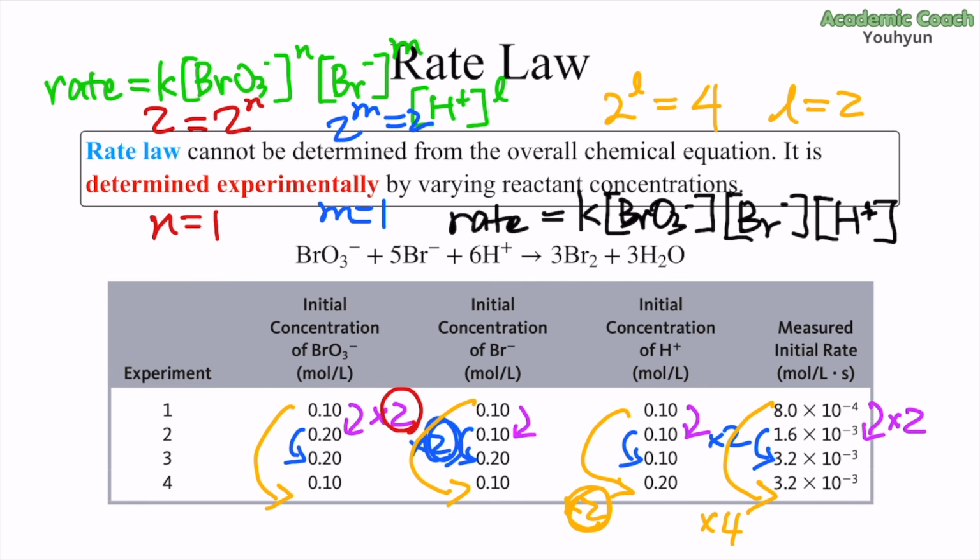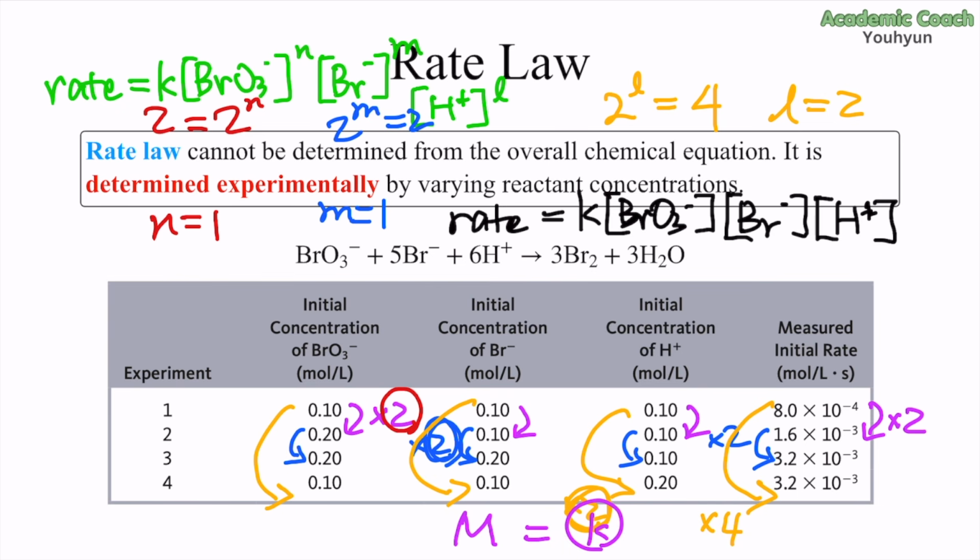And again, I can find K by picking any one from these four experiments and plugging in the initial concentration of each species and the initial rate. And when it comes to the unit of the rate constant K, again, we only need to compare the unit. The unit for the rate is molar.